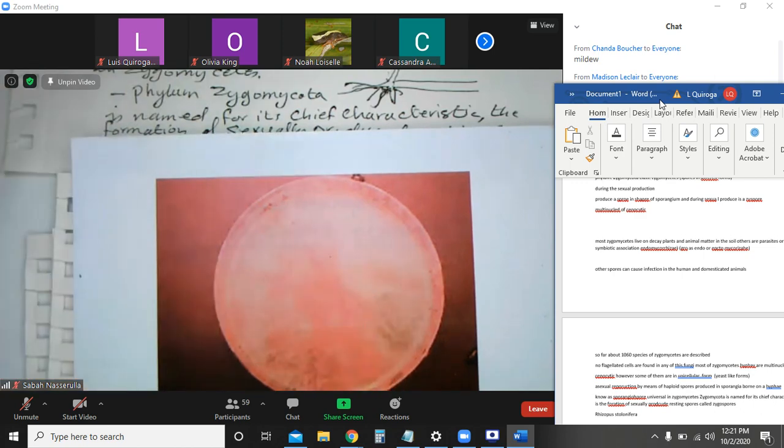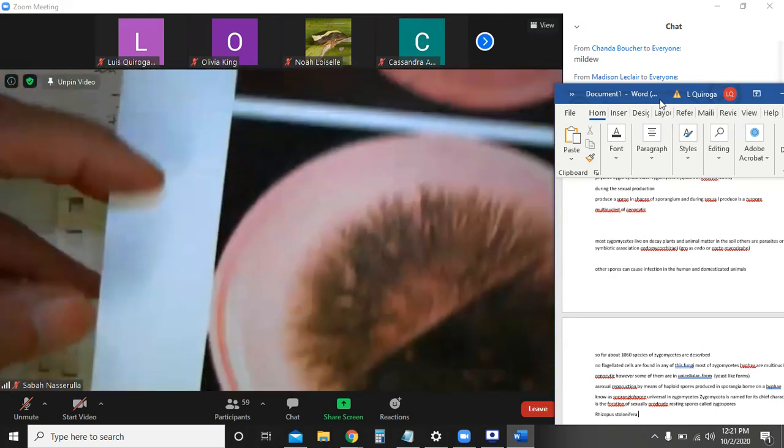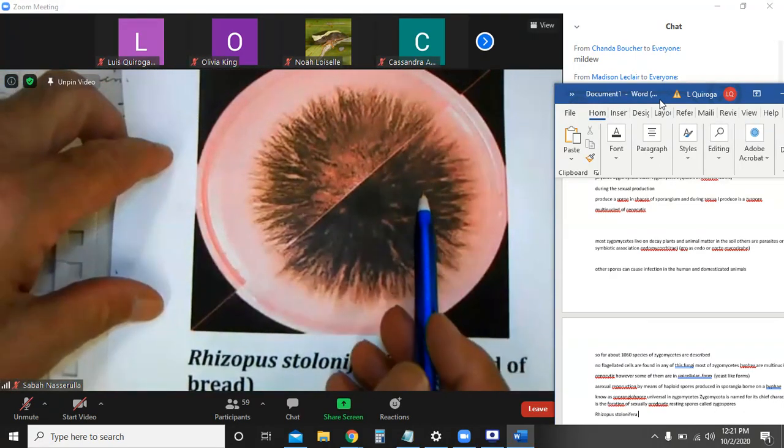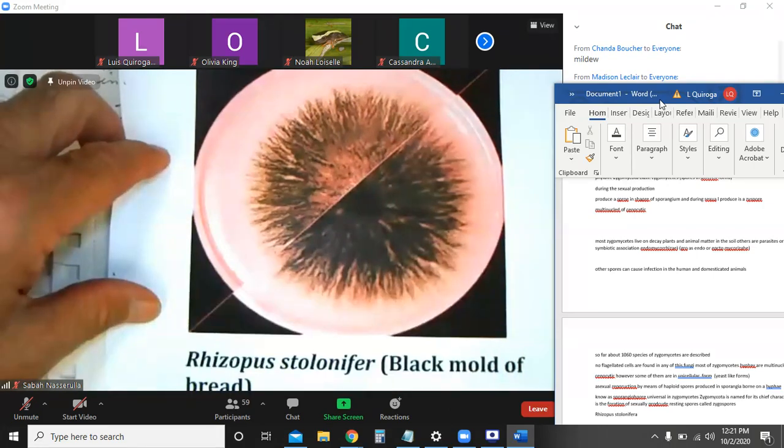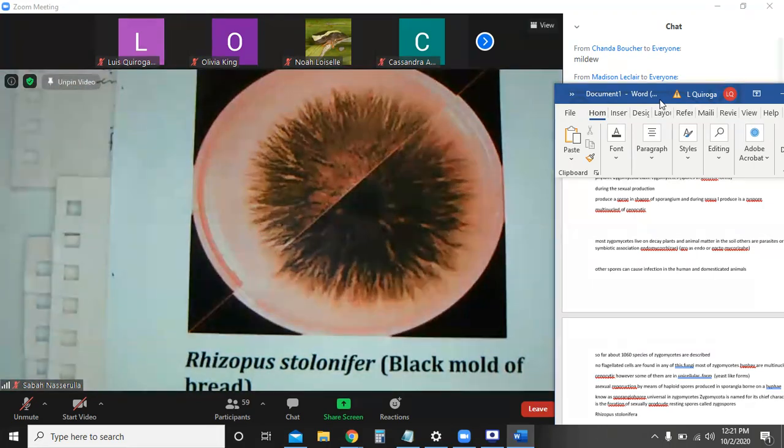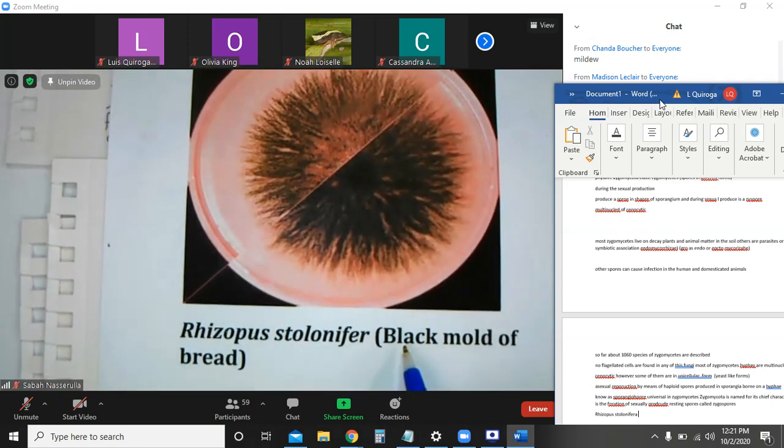The hyphae itself looks cottony white, and all the color you see of the fungi is because of the spores. It could be blue, yellow or red sometimes. When the sporangia are produced, it is black in color, which is why Rhizopus stolonifer is also known as the black mold of bread.